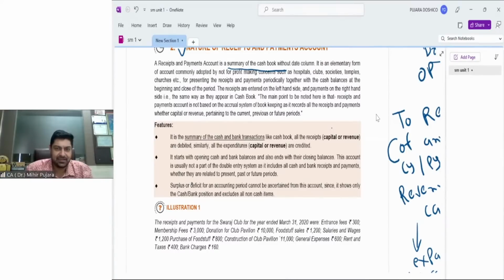Capital or revenue, opening and closing. And remember, guys, this account does not show any profit and loss. This is just a cash book. Okay. Right. And one more important point here, please write.